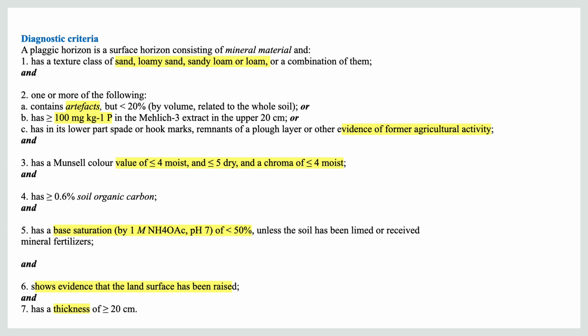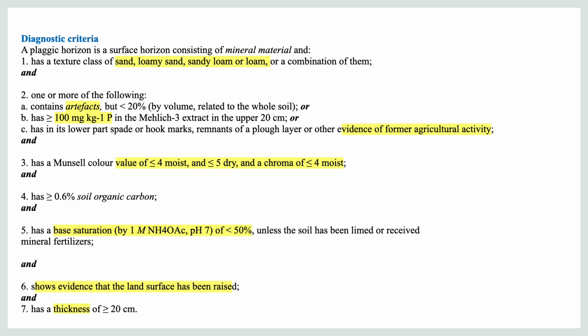The diagnostic criteria to identify a plaggic pattern is that, first of all, it could register a sandy or loamy texture and register any kind of artifacts or evidence of human action. It should register a content of phosphorus that is equal or higher than 100 milligrams per kilogram of soil in the first 20 centimeters.